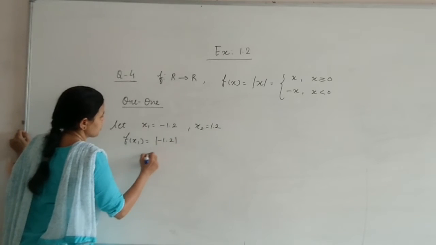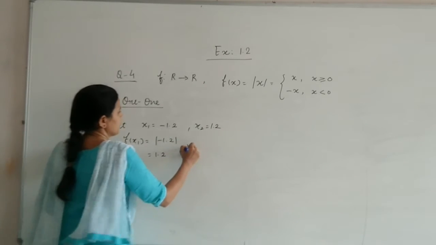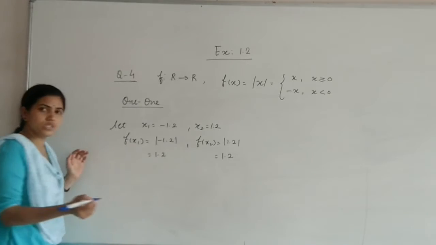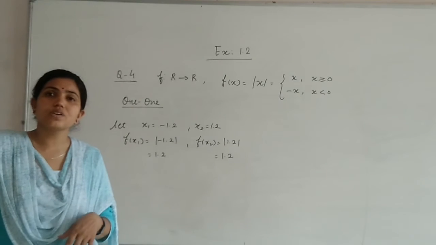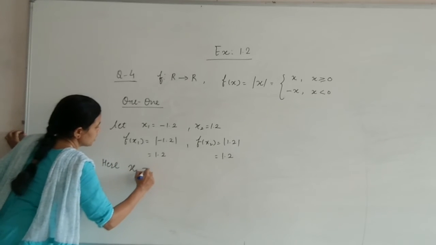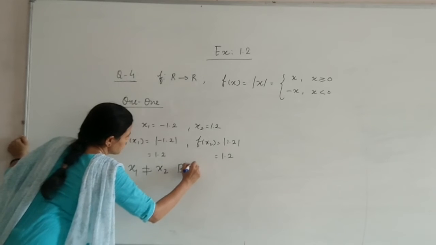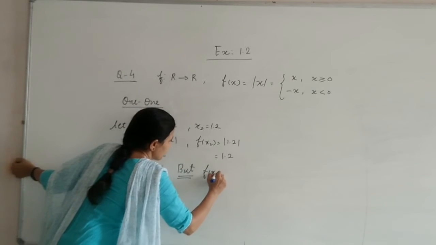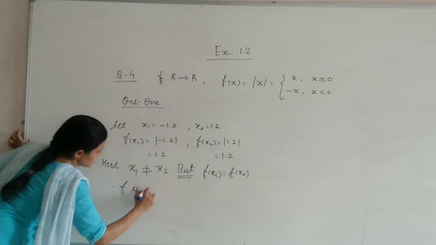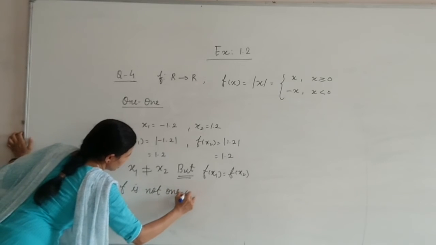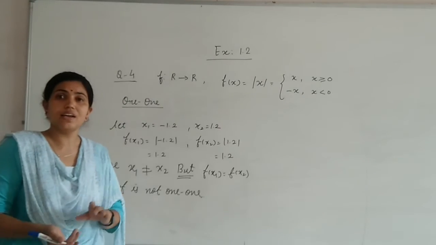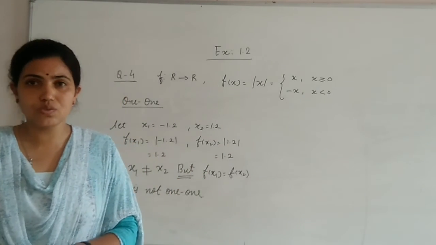The modulus of minus 1.2 is 1.2, and f of x2 is the modulus of 1.2, which is positive. We know that modulus always gives us a positive value. So here x1 is not equal to x2, but f of x1 is equal to f of x2. Therefore, f is not 1-1, because we took two different elements and showed that the image is the same.